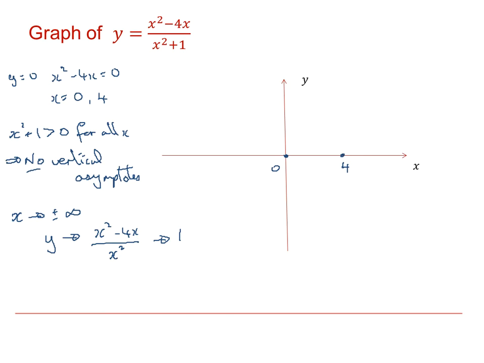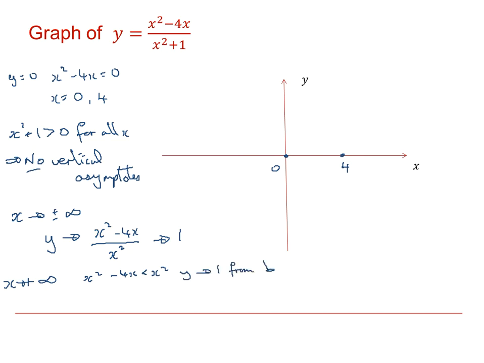Because for plus infinity, if x is approaching plus infinity, then x squared minus 4x is always less than x squared. So y approaches 1 from below.